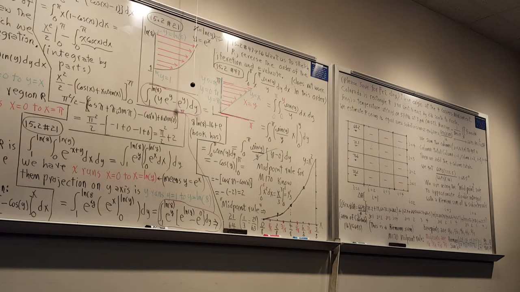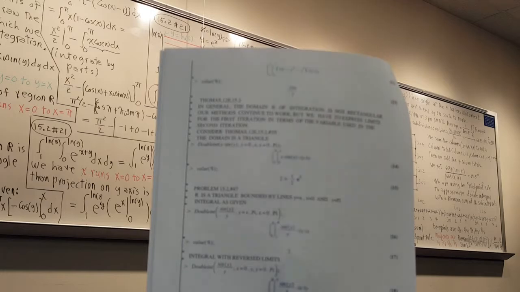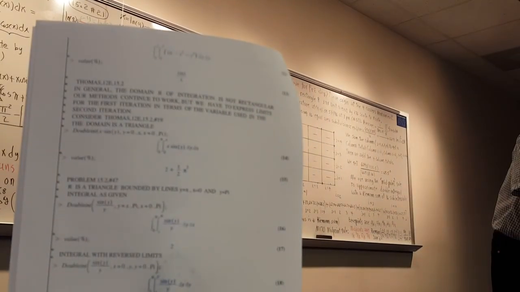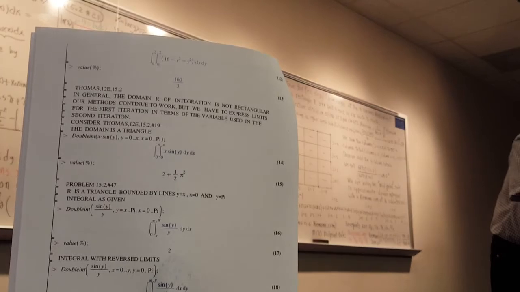the first one I did is number 19, which is on the board there. And as I say, the domain is a triangle. And so if you do double int x sine y with your limits, I did it with a capital D so it would print the problem, line 14.